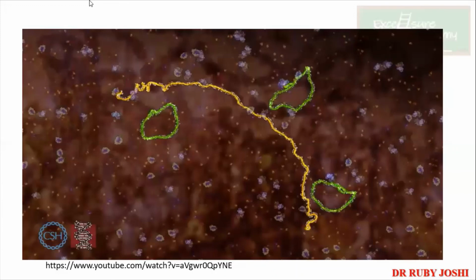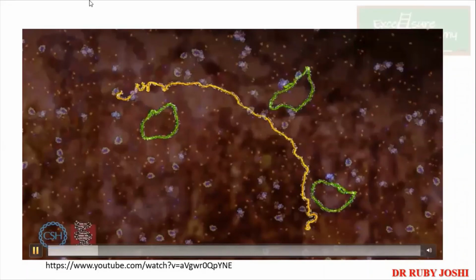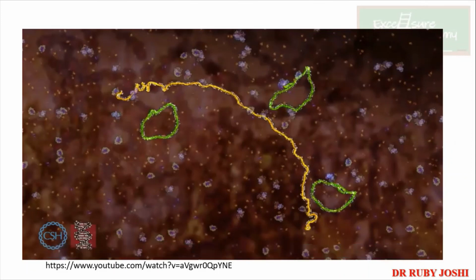Is the splicing happening inside the nucleus or outside the nucleus? What do you think? Any guesses? Inside. Yes, it is correct. It is inside the nucleus, because only your matured RNA will be transferred to the cytoplasm.